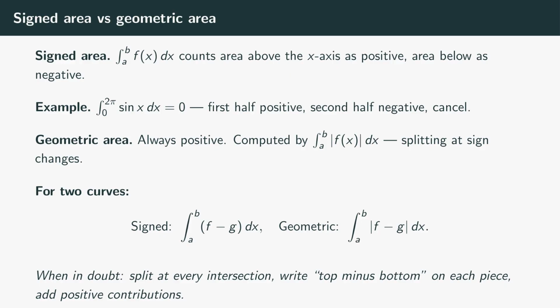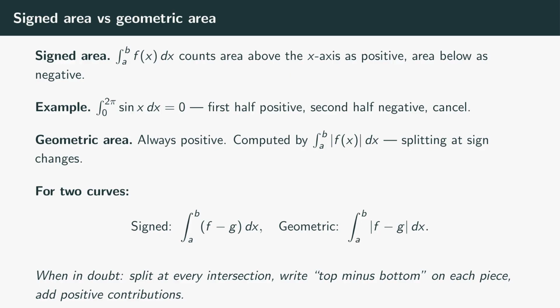The same issue arises for area between curves. The integral from a to b of the quantity f minus g dx computes signed area with respect to the difference f minus g. If f stays above g on the whole interval, signed and geometric agree. But if f and g cross, the signed integral cancels positive and negative regions, and you don't get the true area between them. The fix, again, is the absolute value of f minus g.